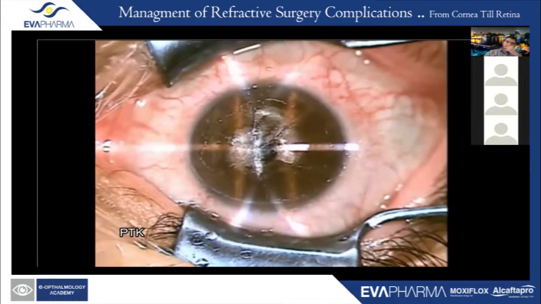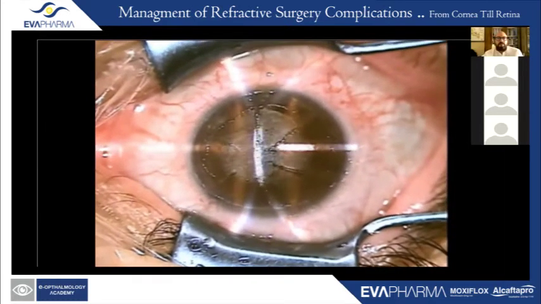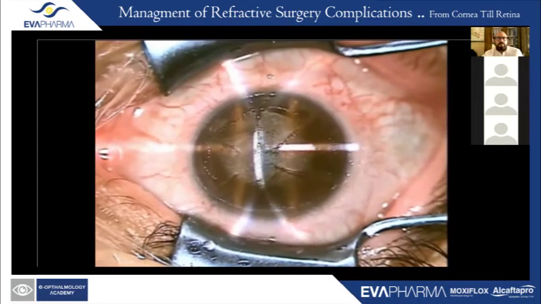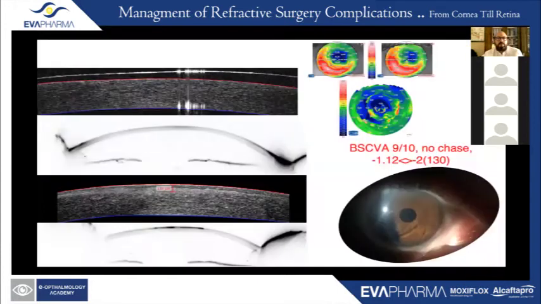And then I performed dry PTK and also wet PTK. And at the end of the surgery, you can see the cornea with the contact lens just after the surgery. And now it was very, very clear. And look at the eyes, it was beautiful. And now the patient can see very well, 9/10, with a very small refraction error.